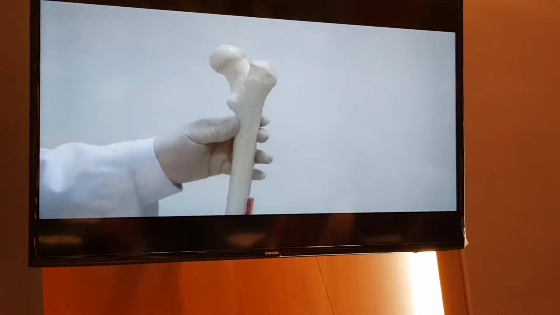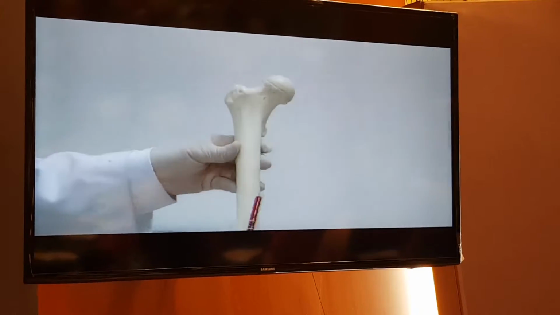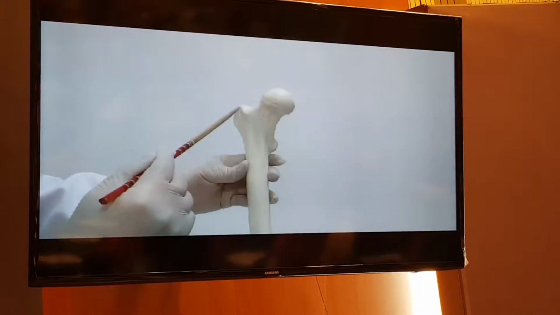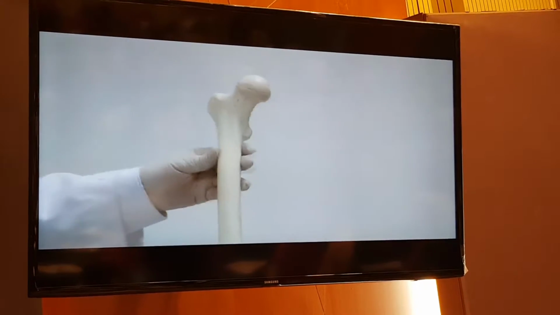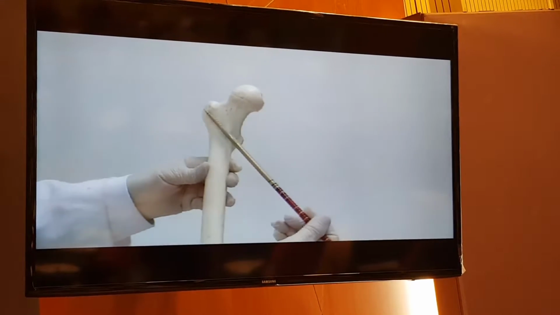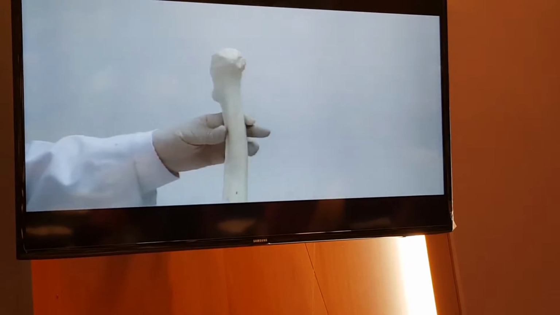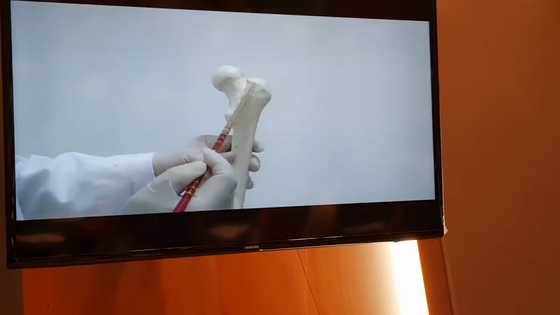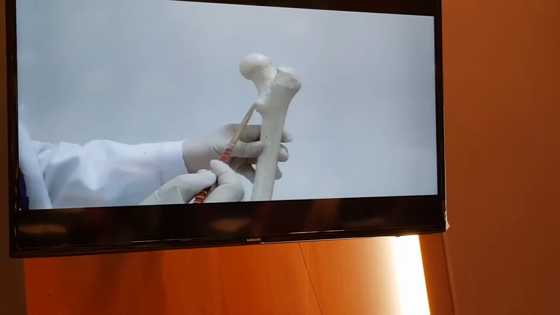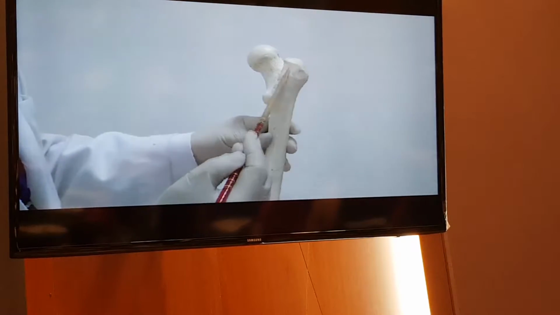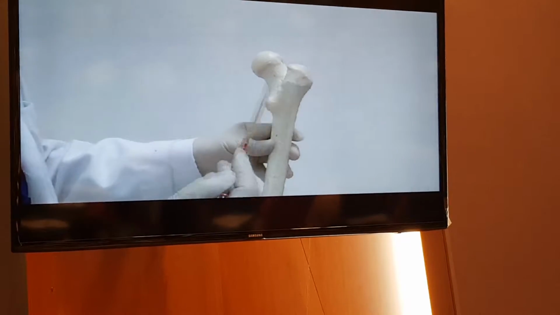If you look from in front, this is greater trochanter, lesser trochanter. This is intertrochanteric line. But if you see from behind, this is greater trochanter, this is lesser trochanter, this one is intertrochanteric crest.